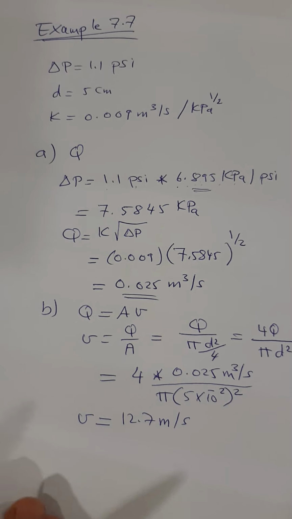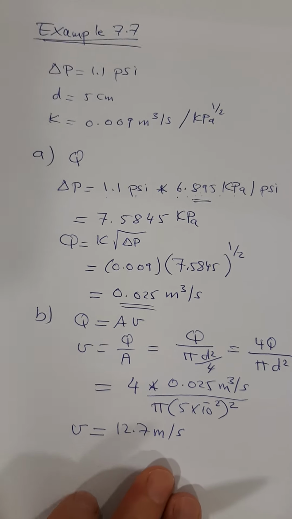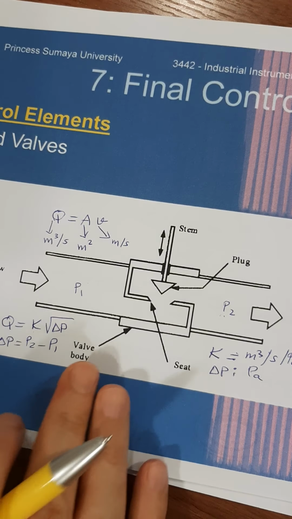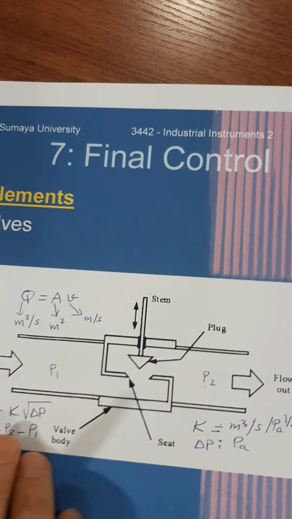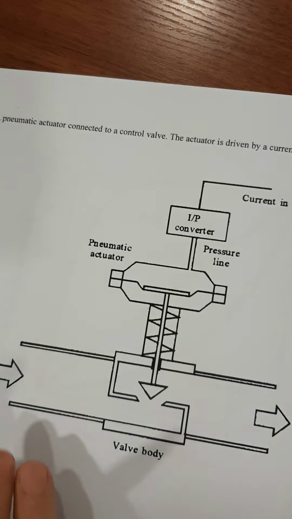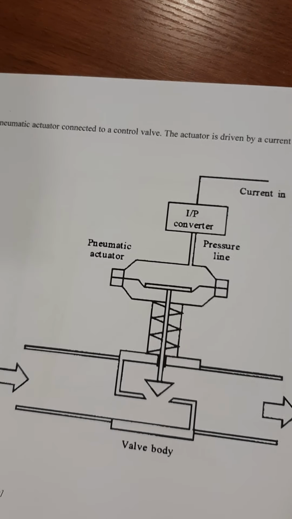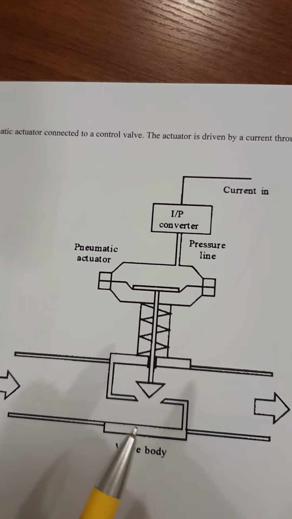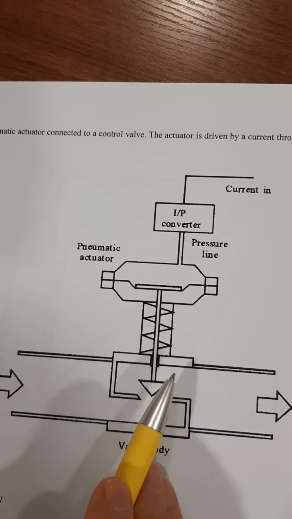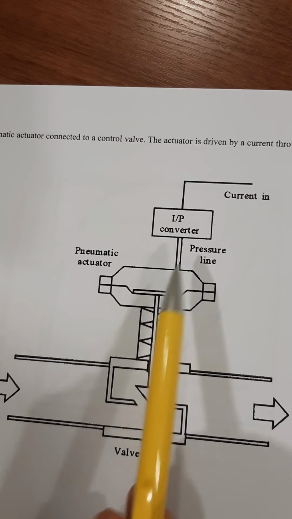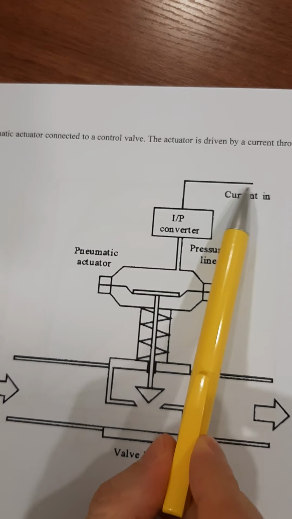Now we have this control valve here. Again, this is a control valve complete with the actuator, and here the signal comes from the controller.